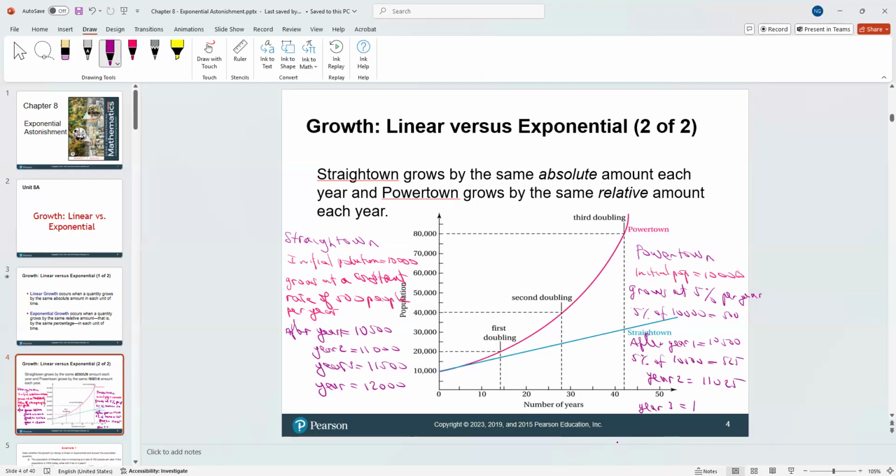So after year three, it's going to be 11,576. Now, if you compare year three on both sides, if you add a constant number every year, that's what changes.